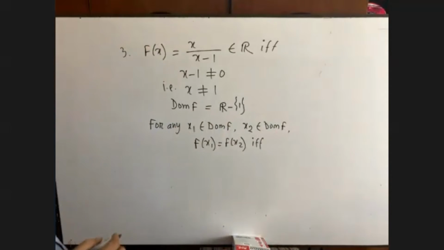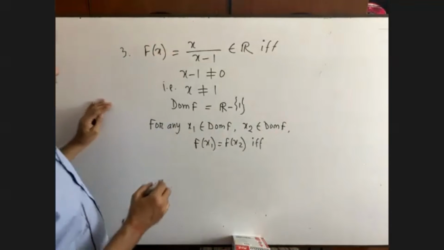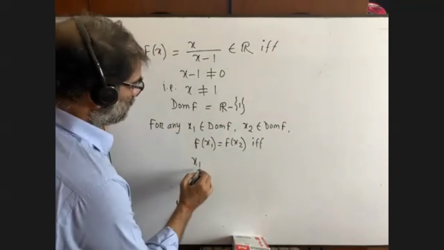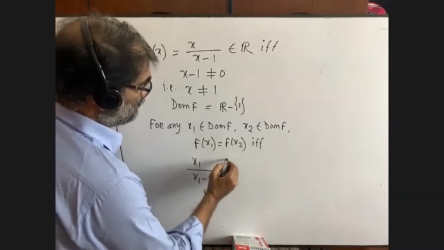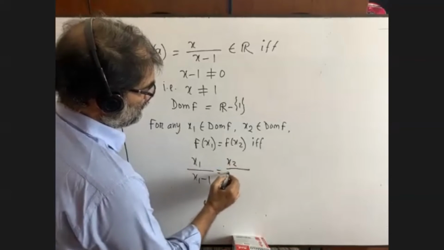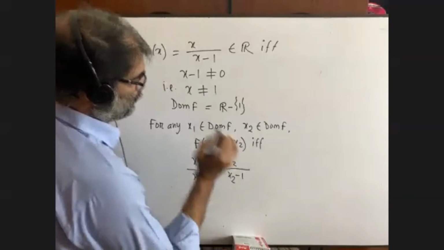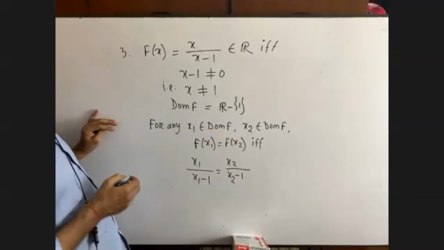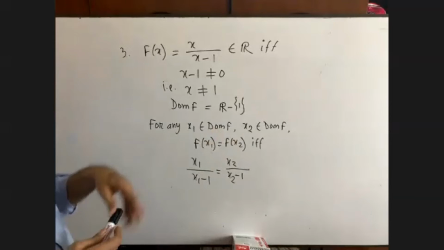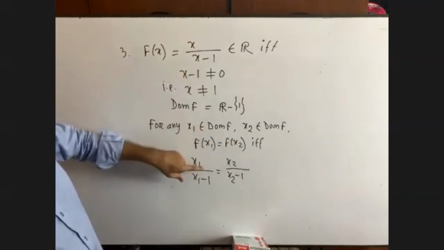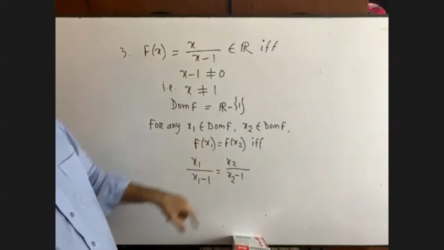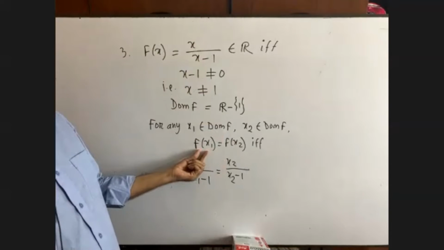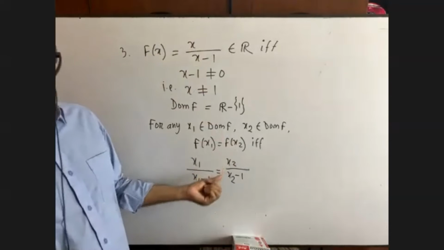Now you put the value here: x1 by x1 minus 1 equals x2 by x2 minus 1. You see here x1, x1, and here x2, x2. The left hand side is of x1 and the right hand side is of x2.